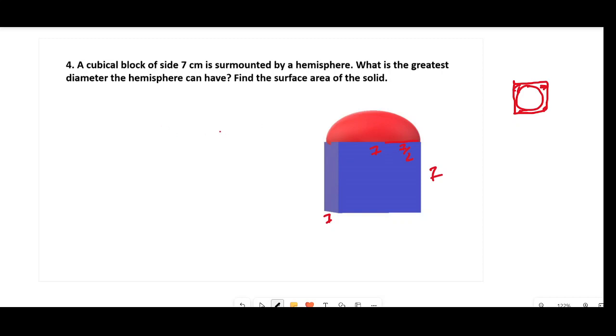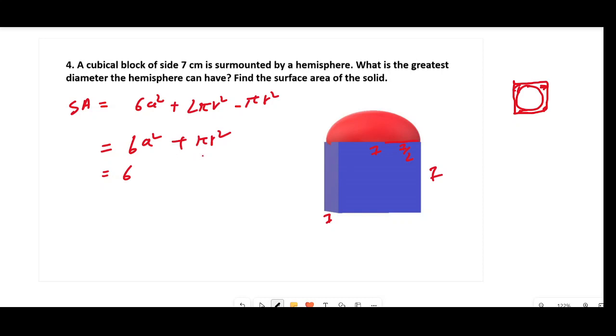If we write 6a square, which is the surface area of this cube, and if we add 2 pi r square, then we are again including this portion, which is extra, so we should remove it with the help of minus pi r square. Now this is the surface area of the given solid. Now here we can write 6a square plus pi r square.